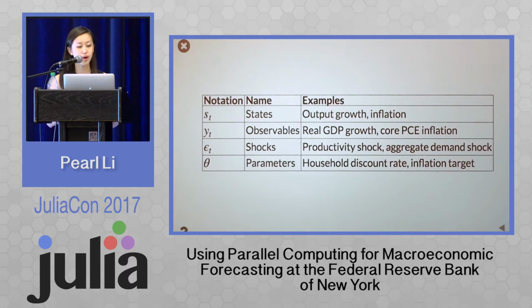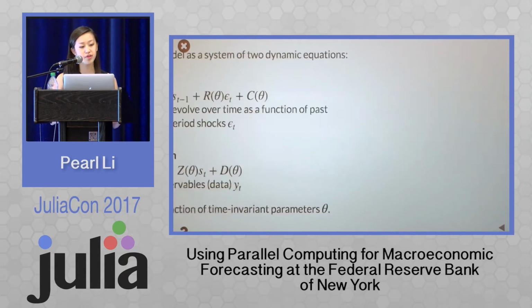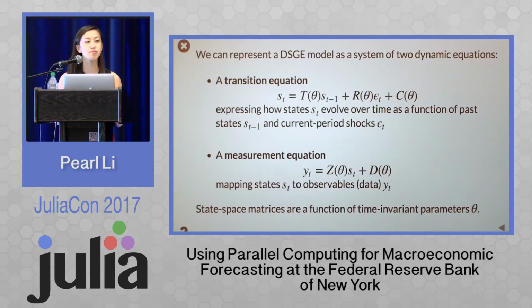And then the parameter vector theta is the most important variable of interest, and these are time-invariant deep economic parameters like the discount rate or some long-term inflation target. If you remember on the previous slide, the vector theta of parameters determines how the rest of the state space evolves in the form of determining what these state space matrices look like.